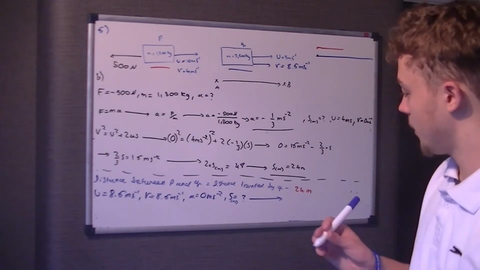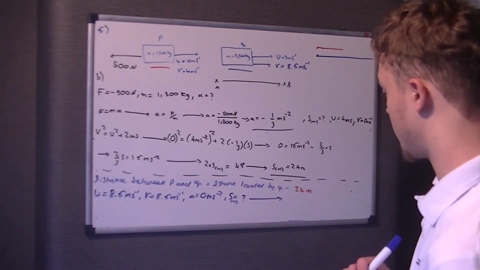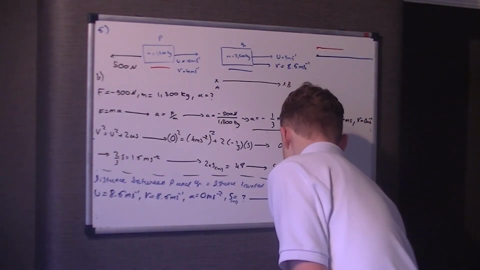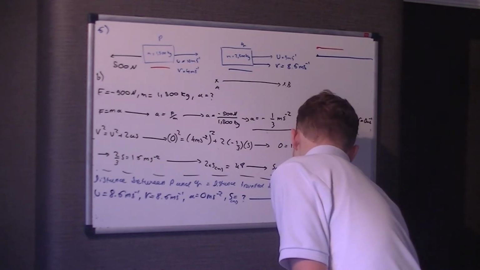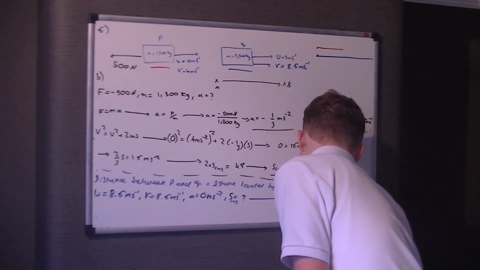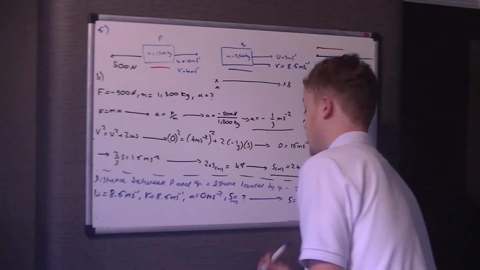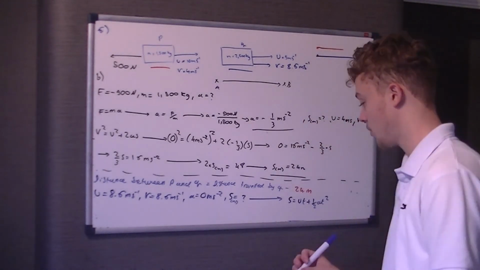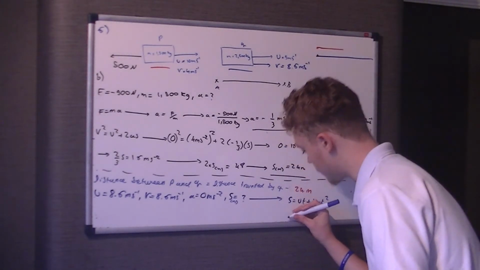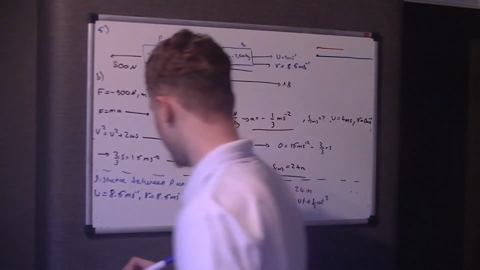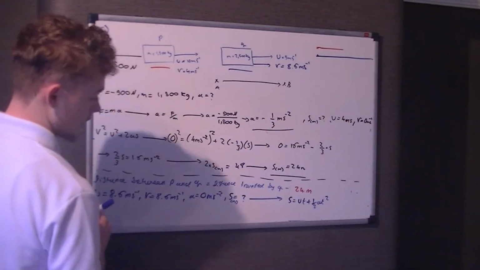Alright, okay. So the only other equation for the displacement is S equals ut plus a half at squared. Now, as a is 0, that's going to mean the half at squared is going to be 0. So therefore, the displacement is going to be ut, which is 8.6 metres per second times time.